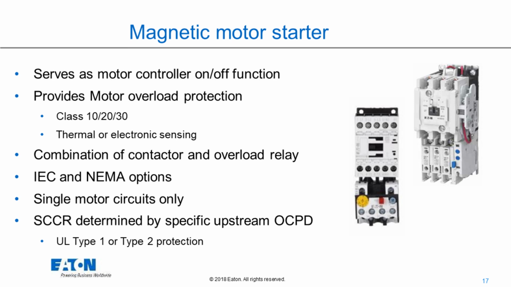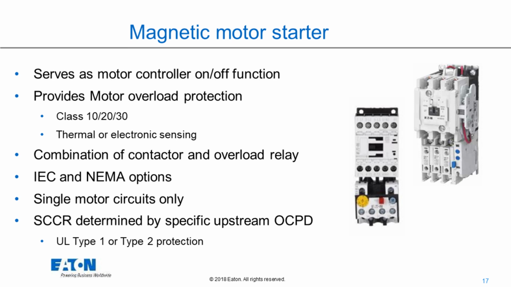It's a thermal device in there. And the one on the left with the yellow dial is to adjust the electronic overload, and they can turn those up to like 14 times full load amps. They're a combination of a contactor and overload relay.